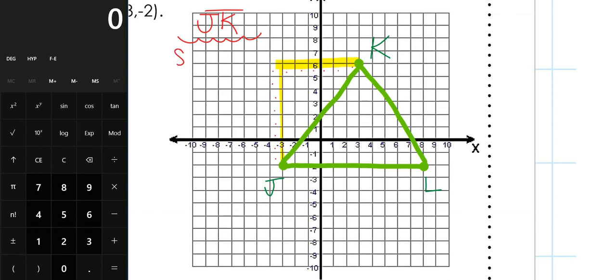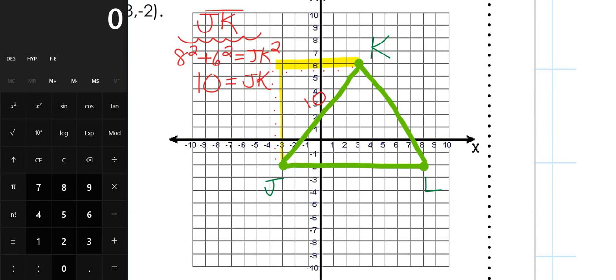So 8 squared plus 6 squared equals JK squared. Now you'll notice this is actually a triple. It's the 3, 4, 5 triple as a 2 multiple. So when I work this out, I get 10 for the length of JK. So 10 is my length.